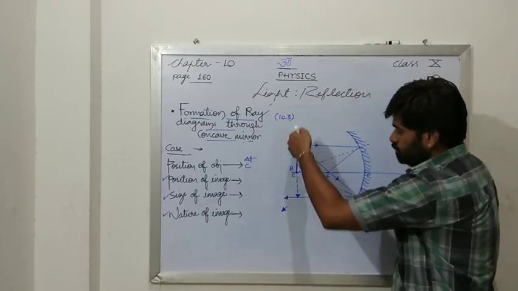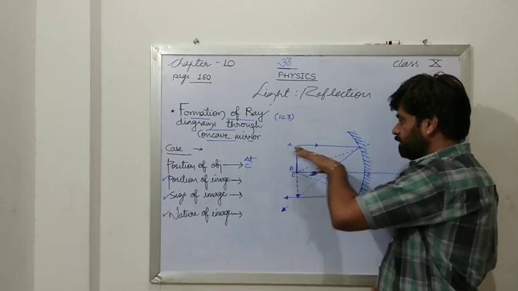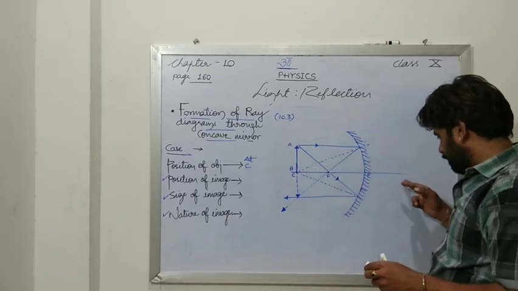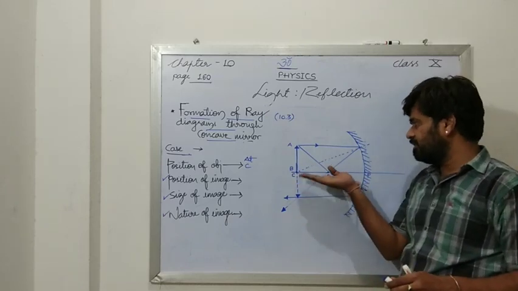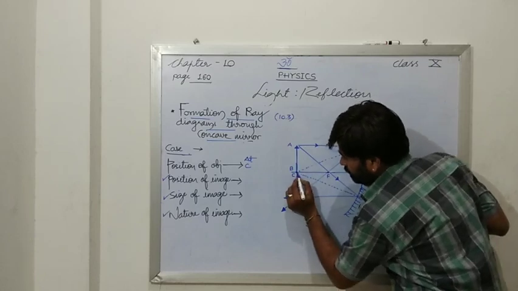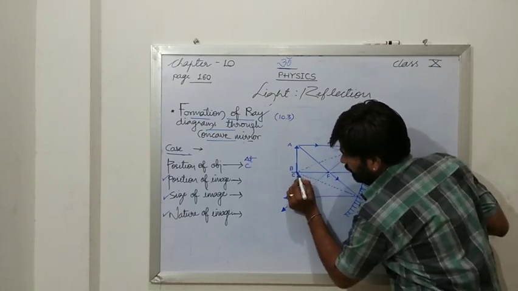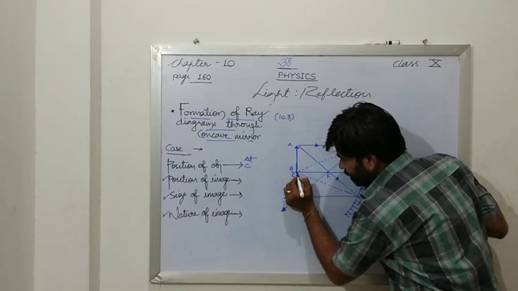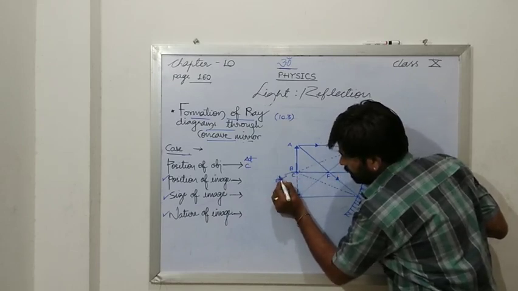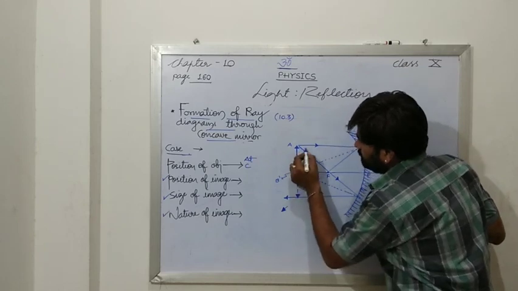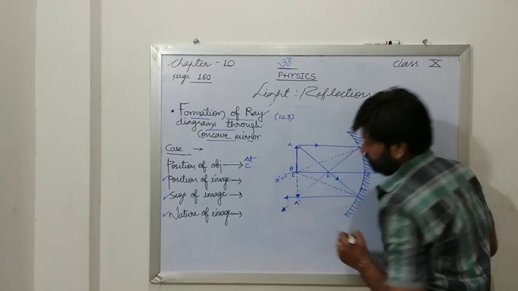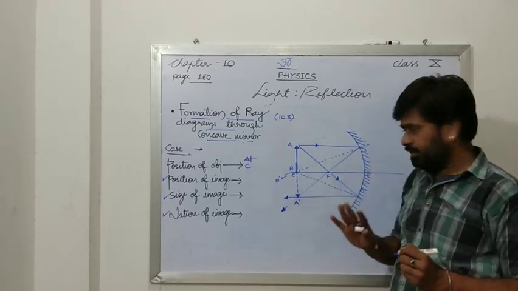If you take the replica of the object according to the principal axis, you will see that the inverted one is the position of the image. As this was B, for the image this point will be B dash. These two rays start from A, so this will be A dash. Are you getting this?